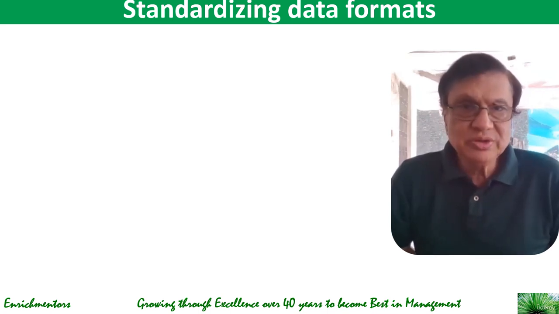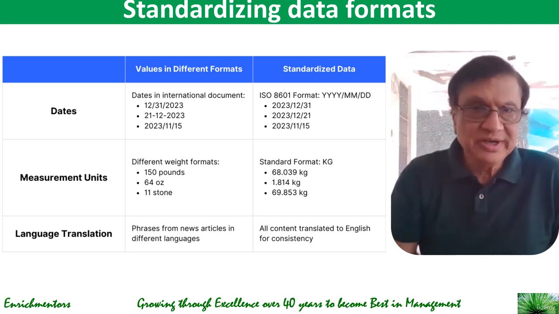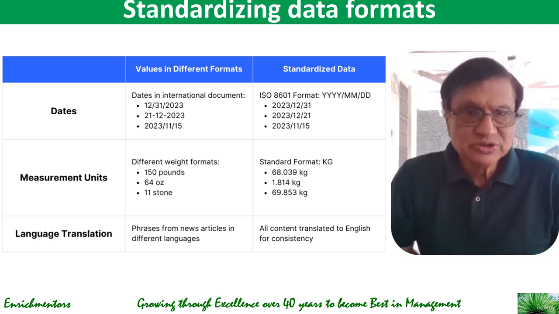So one of the things we need to do is standardize data formats, basically to ensure consistency in data formats, units and representations across variables that you see here. So dates could be expressed differently, like 12/31/2023, 21/12/2023, and this all needs to be standardized using ISO 8601 format of YYYYMMDD.